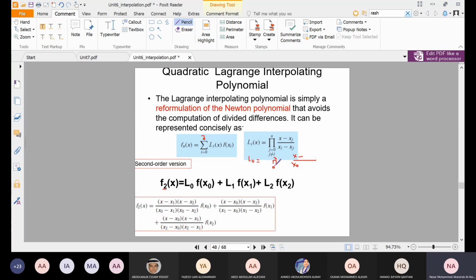The numbers that I have are 0, 1, and 2. Here we have the condition j is not equal to 0, so what's the option here? I have x minus x1, with x1 equal to 1, and I have x minus x2, with x2 equal to 2.